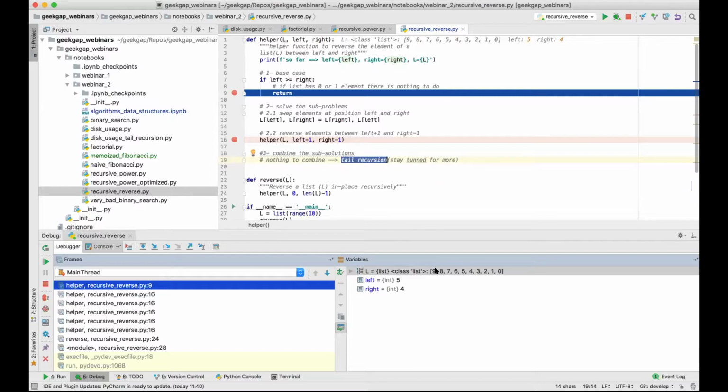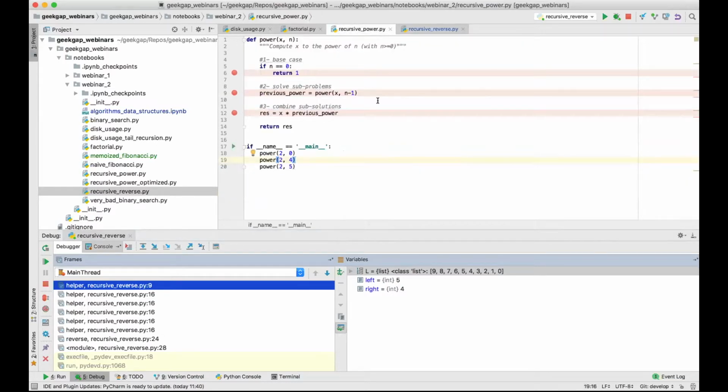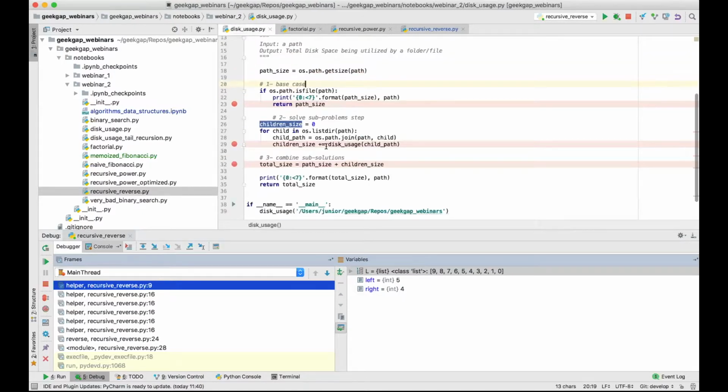Yes? Can I take you back a bit? Yeah, sure. Combine the sub-solutions. Which sub-solutions are we combining? If you move back here, or maybe factorial or disk usage, you see here what we are doing.